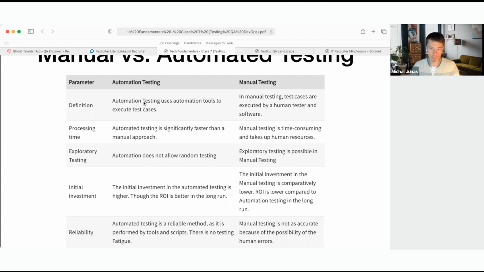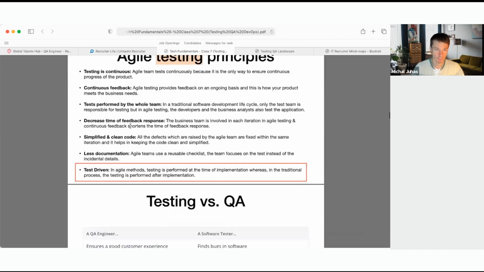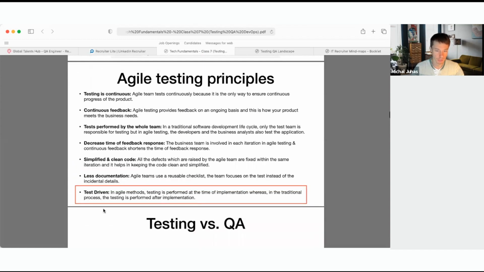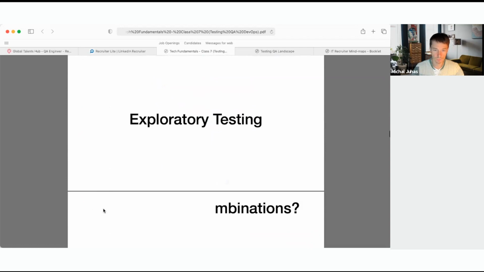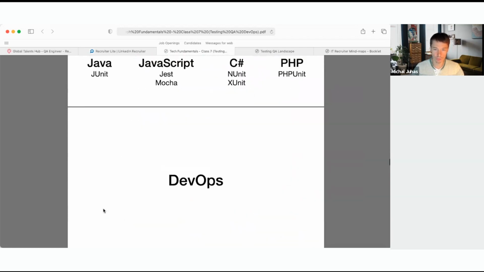So it's development, but not development of features, but rather development of test cases that run automatically.